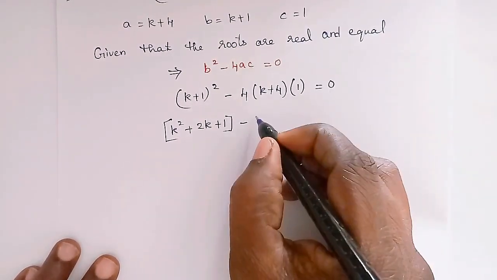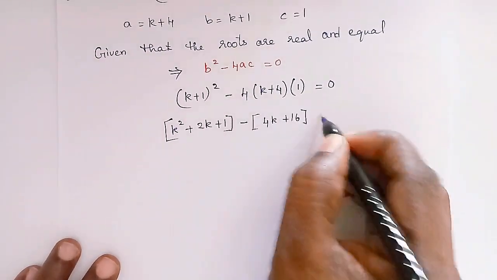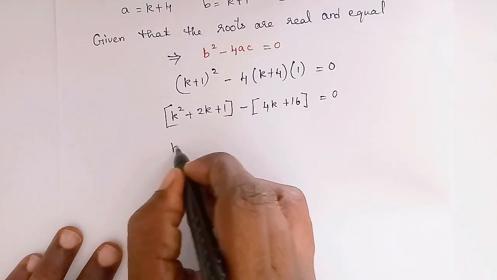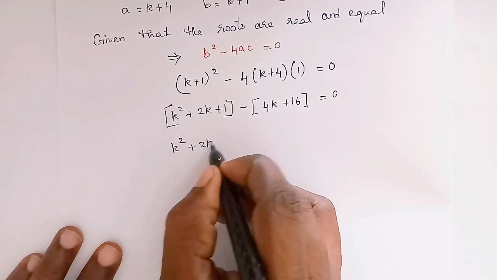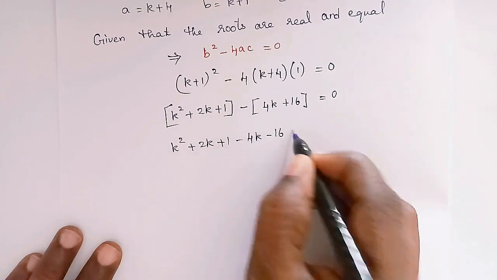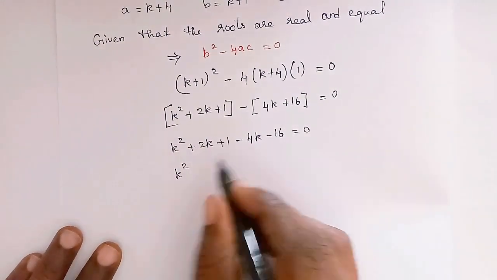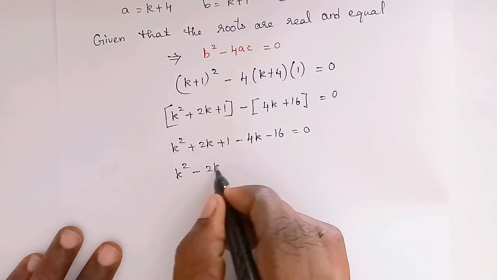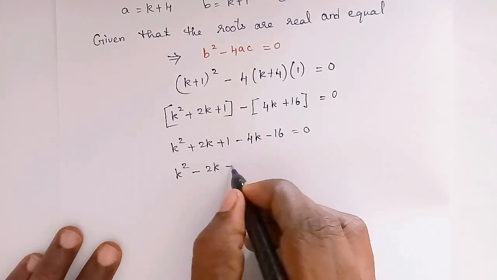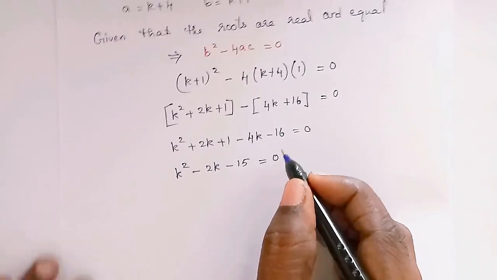If you multiply it inside, we will get 4k plus 16 equal to 0. If you remove the brackets, k square plus 2k plus 1 minus 4k minus 16 equal to 0. That is k square plus 2k minus 4k is nothing but minus 2k, plus 1 minus 16 is minus 15, equal to 0.